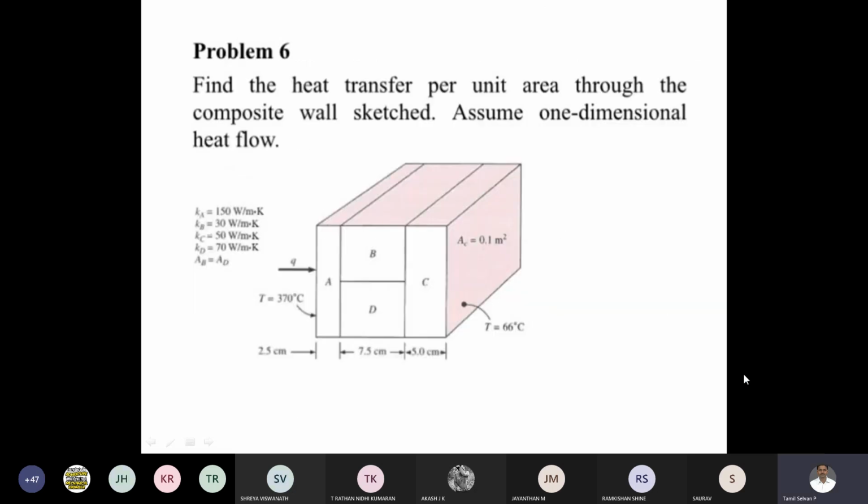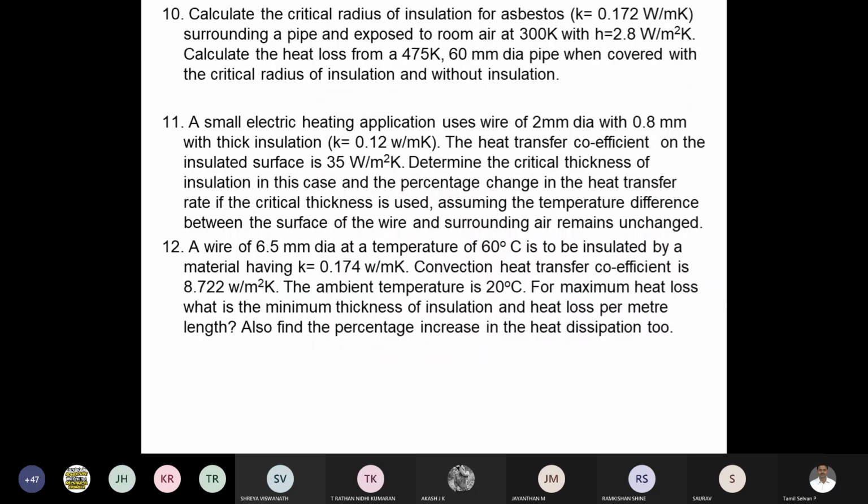Is it visible? Yes, sir. One minute. Yes.